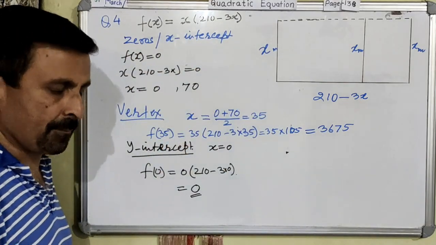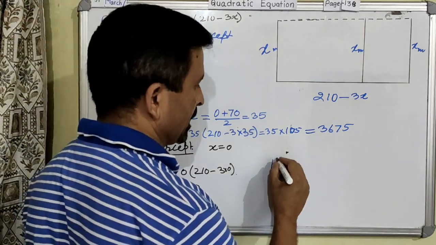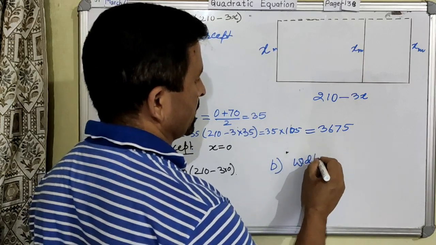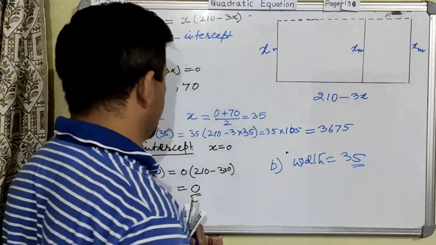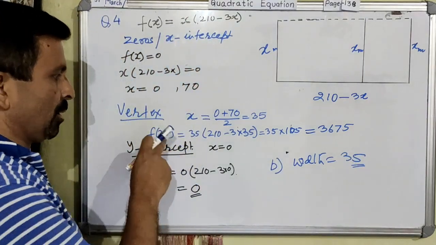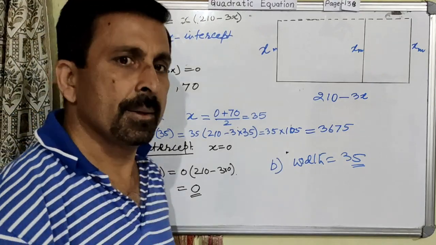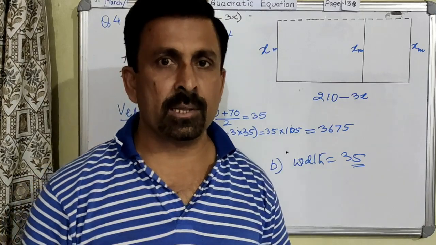Therefore, the answer of your part B is width is equal to 35, because this gives you the maximum area, and that maximum area we have already calculated is 3675. Is it okay? So this is the end of your quadratic equation in the factored form.